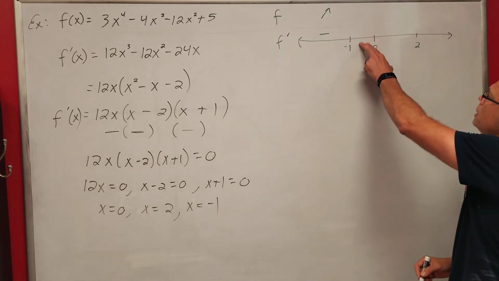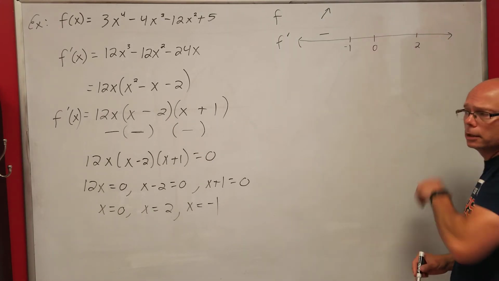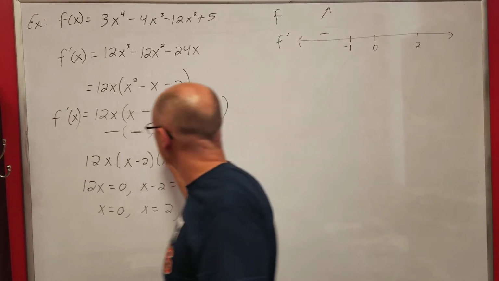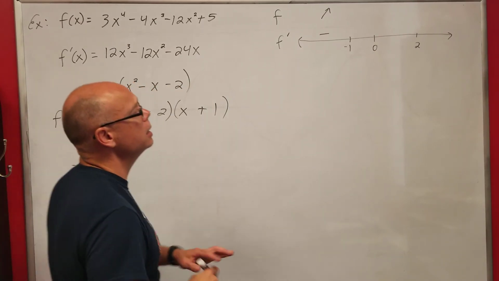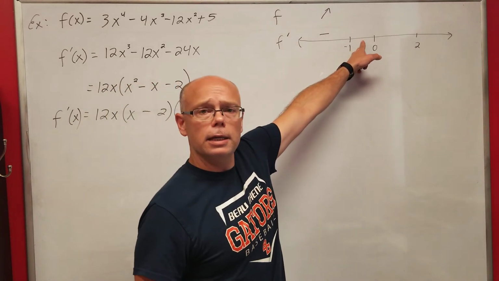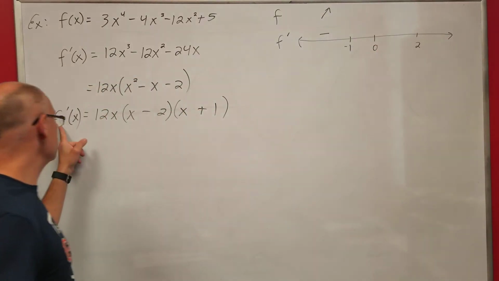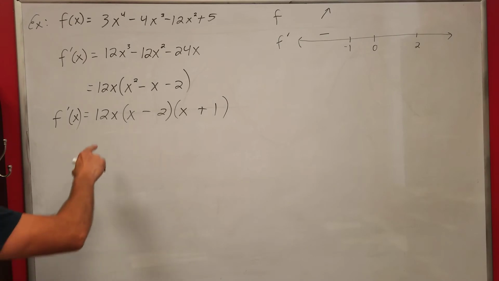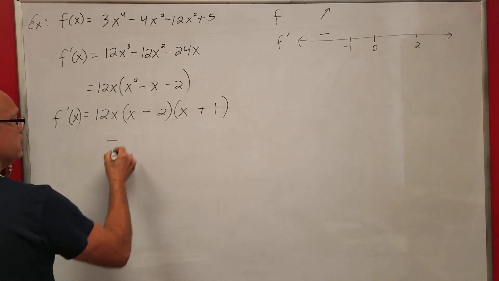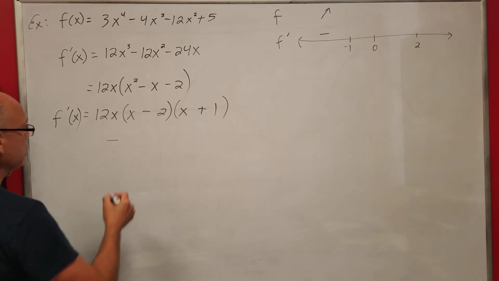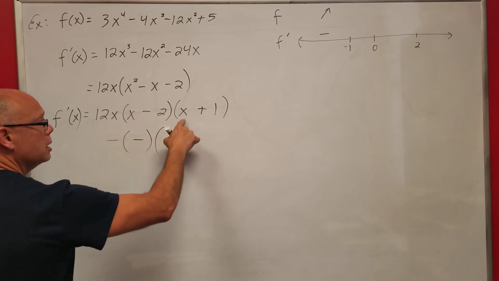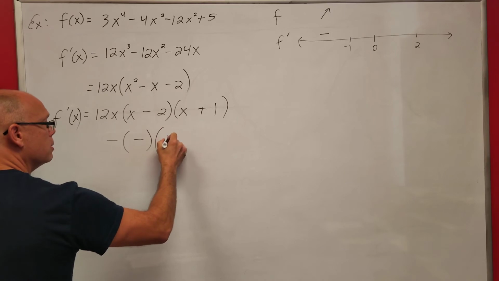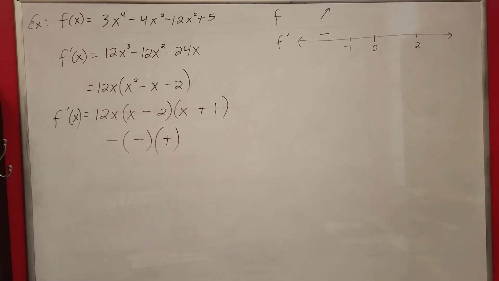Let's do the same thing here, here, and here. Let's find some test values, okay? Let's use a test value in here, maybe negative 1/2, and run it through my derivative function. Negative 1/2 times 12 gives me negative 6, but all I care about is the negative here. Negative 1/2 minus 2 is a negative, right? Negative 1/2 plus 1 is a what? Positive.